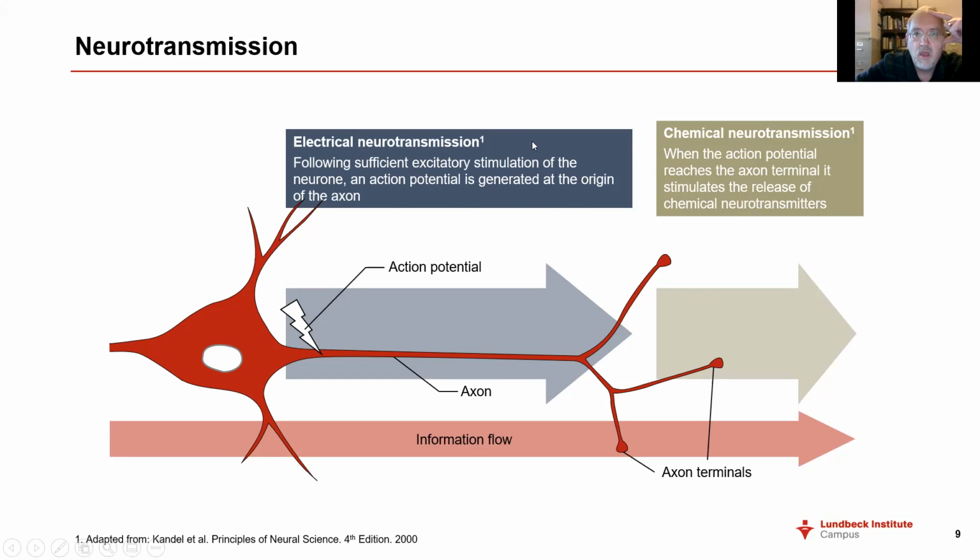This is this word up here: excitatory stimulation of the neuron. Action potential, meaning the neuron sends a chemical message through the axon, and the axon is told to release certain neurotransmitters through the axon terminals. And it all goes one direction.